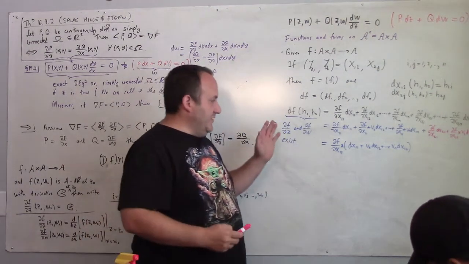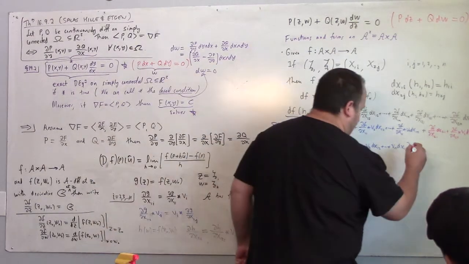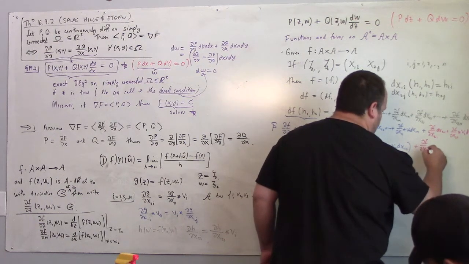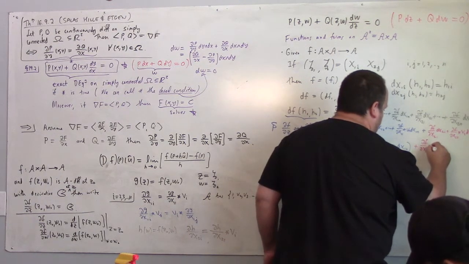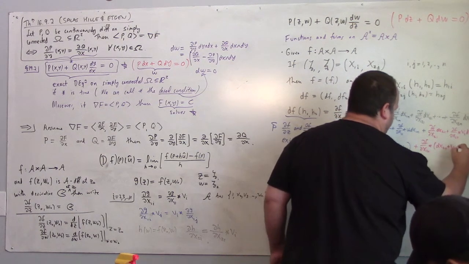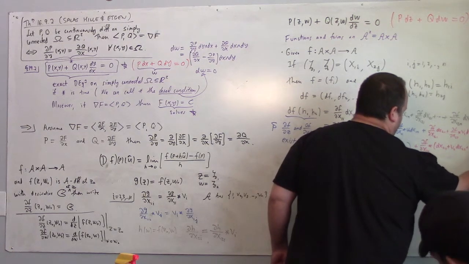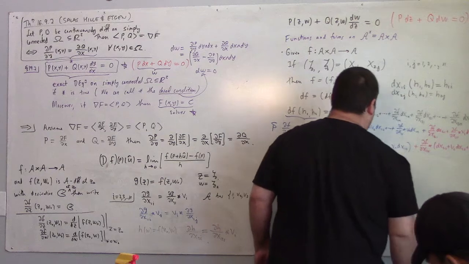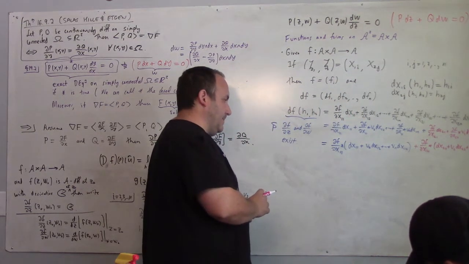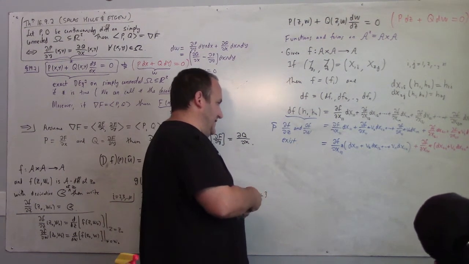But the point is, they all have partial x1, 1, the blue terms, and they all have partial x2, 1, the pink terms here, yeah? And also, it is consistent.